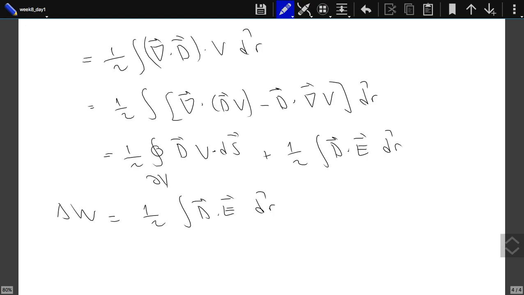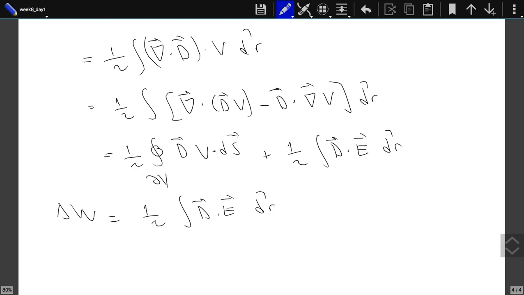So this product will go to 0 as 1 over the distance cubed, or the radius of your surface cubed. But the area of your surface will increase with the radius squared. So the product of D times V times the area will behave like 1 over the radius of your volume. And as the radius goes to infinity, it just goes to 0.